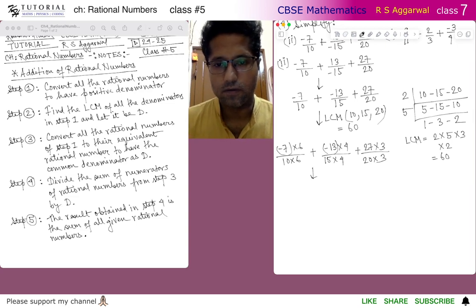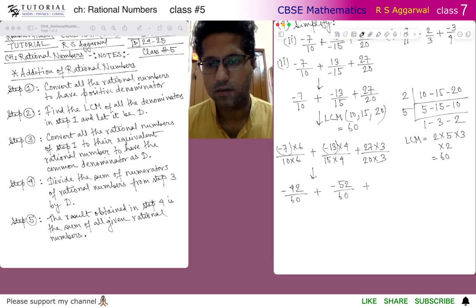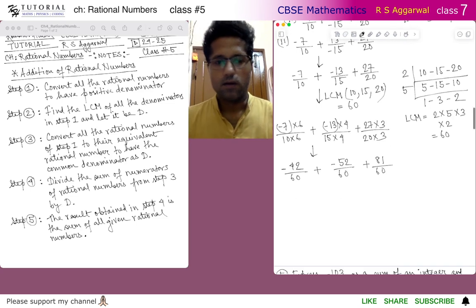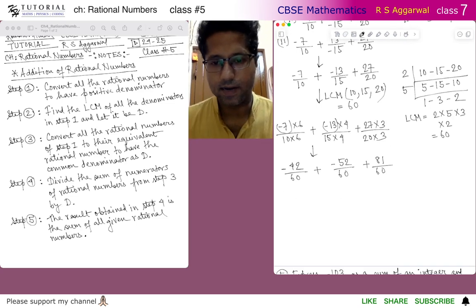So we have minus 42 by 60 plus minus 52 by 60 plus 81 by 60. Okay. Now we have to do step 4, that is add all the numerators.